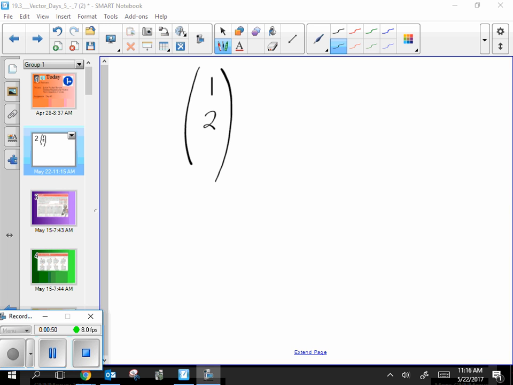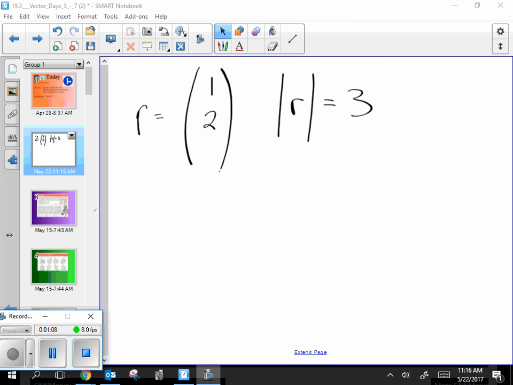And let's say that this is the R vector, and I know that its magnitude is 3. Does that mean this is 3? No, that does not mean that is 3. You need to figure out what the third number is here. I'm going to call it an n for right now.